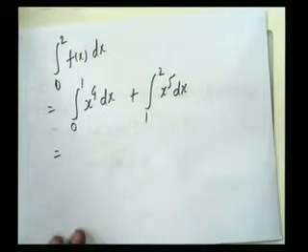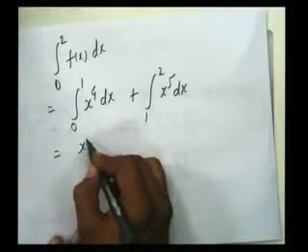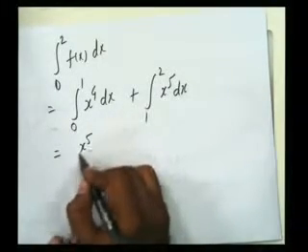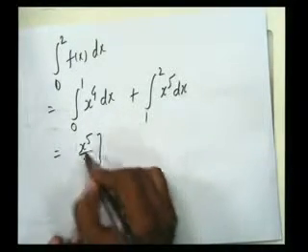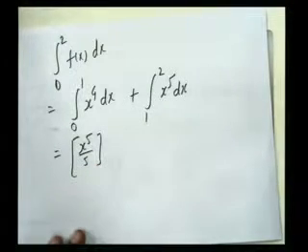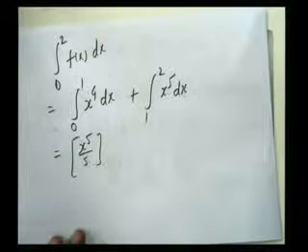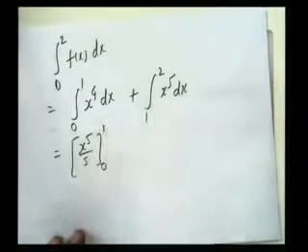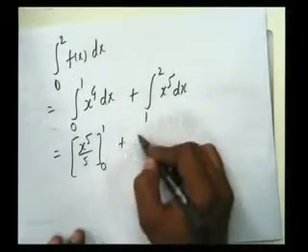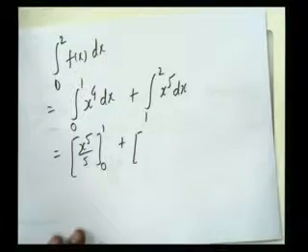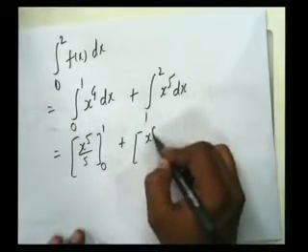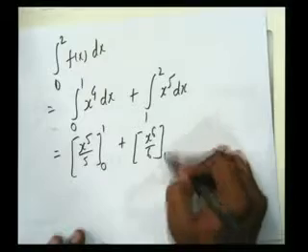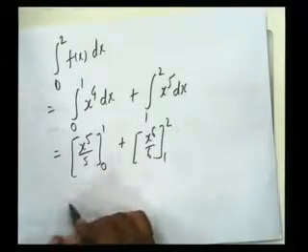Using the concept of antiderivative, the antiderivative of x raised to 4 is x raised to 5 by 5, 0 to 1, and the antiderivative of x raised to 5 is x raised to 6 by 6, 1 to 2.